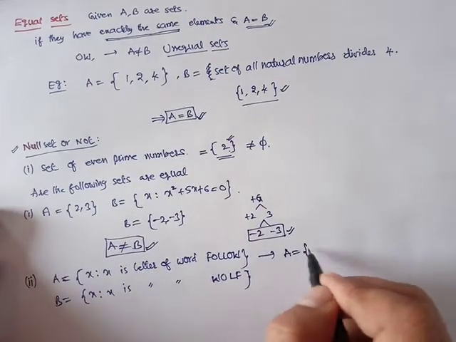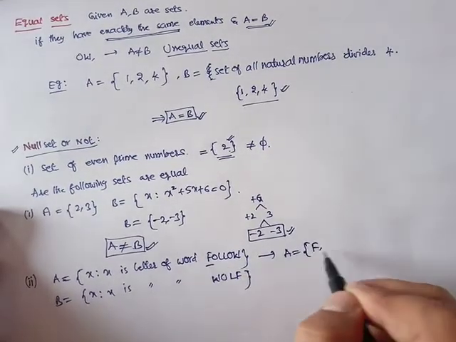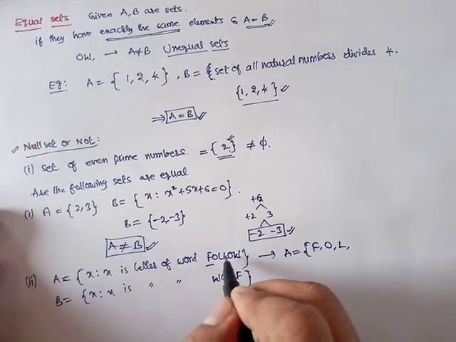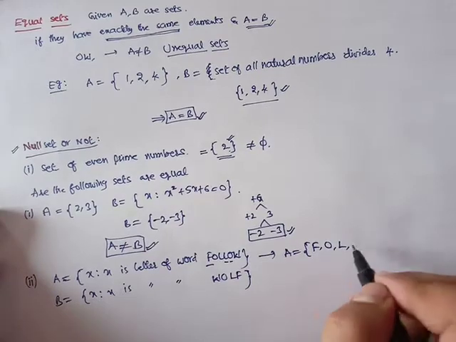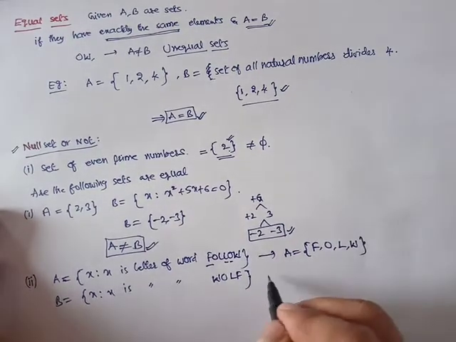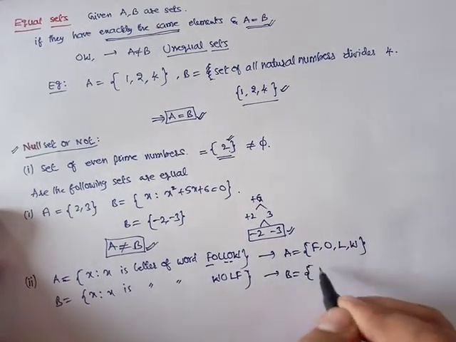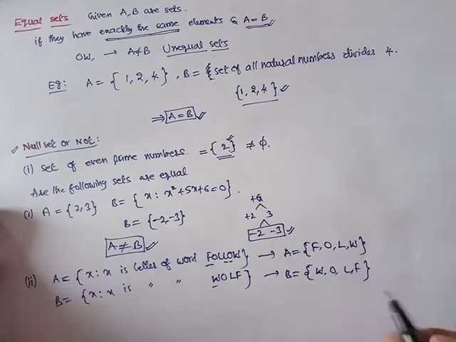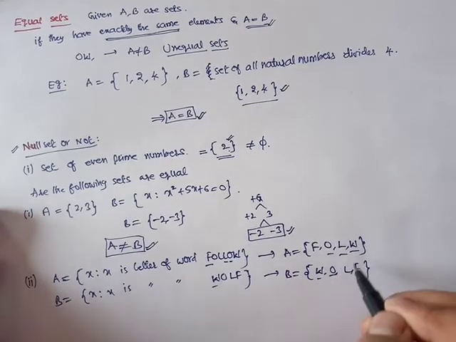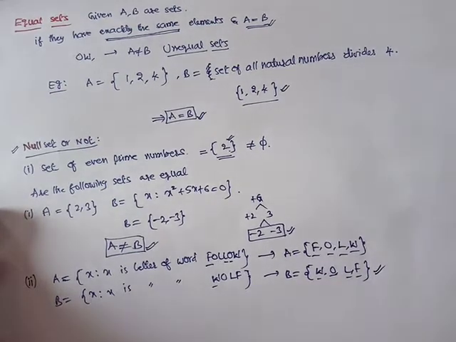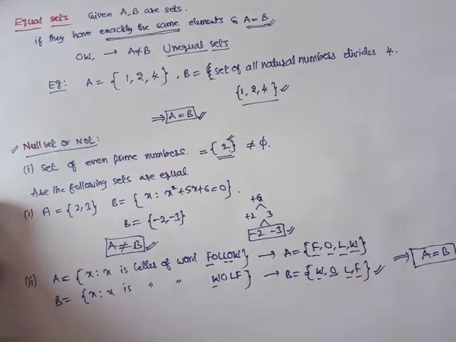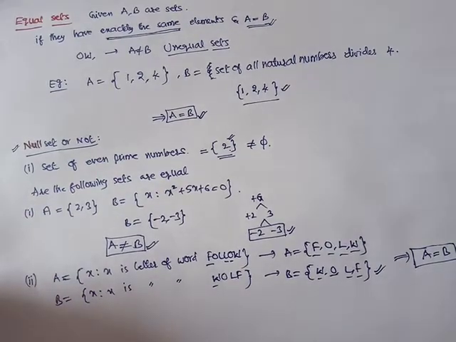A is equal to {F, O, L}, and L is already taken, no need of taking it again, O is already taken, no need of taking it again. And B is the set {W, O, L, F}. All the elements are the same, so you can consider A is equal to B. These two sets are equal sets.